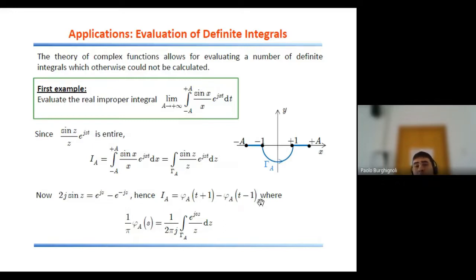That's immediate if you represent the sine in terms of complex exponentials. So what we will address now is the evaluation of this function phi.